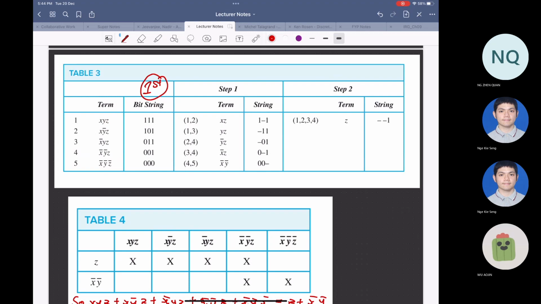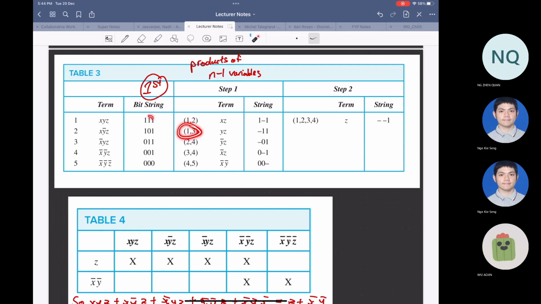Next, you try to combine any two of them to produce a product of n-1 variables. You can see that 1 and 2 can be combined because they differ by 1 literal. Always remember this, this is the basic.